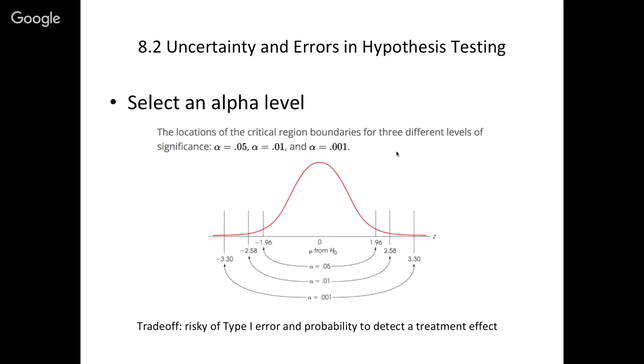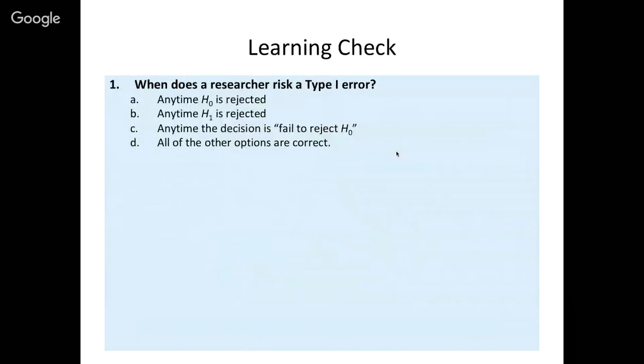Okay, let's do some learning checks. When does a researcher risk a type 1 error? Here, we are asking about the definition of type 1 error. Type 1 error is the false positive.